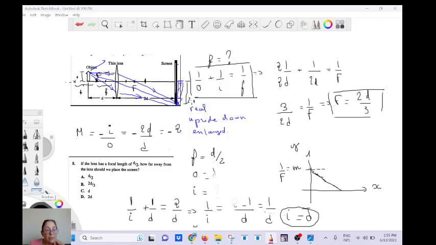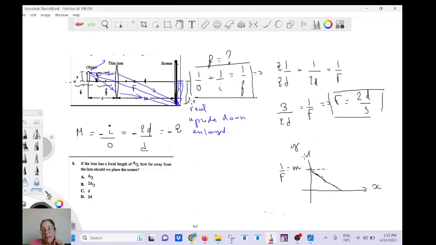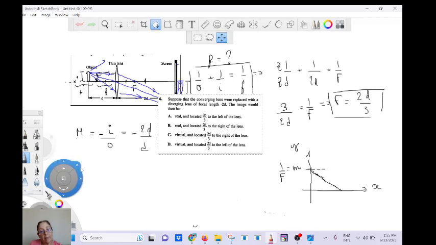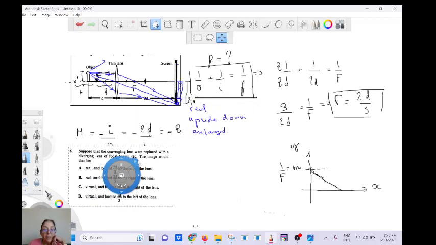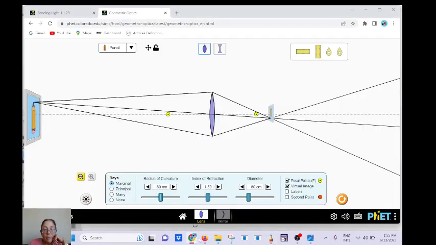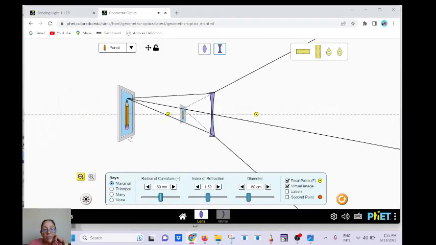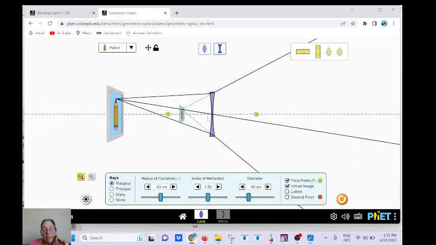So now we take a diverging lens here. You see with a diverging lens, the image has to be on this side, which means the distance to the image will be negative.